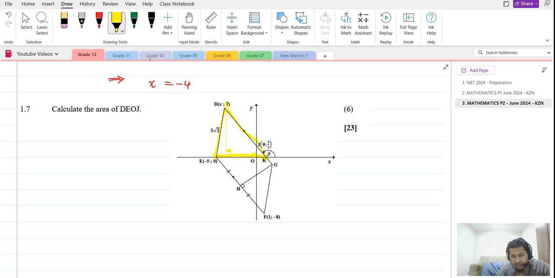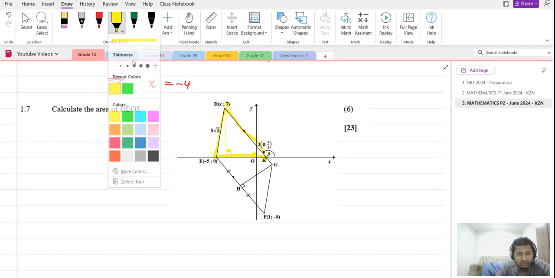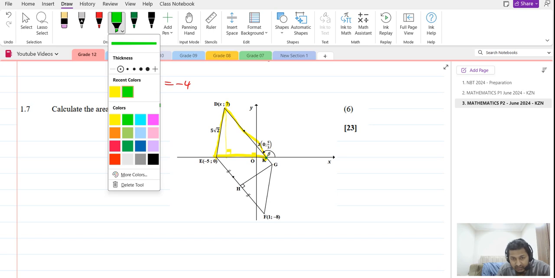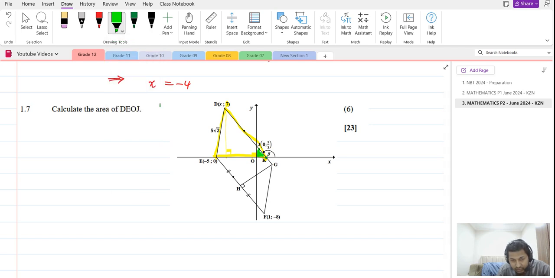Yes, we can, because that's the x-intercept of the line DJ. Why do we need the coordinates of K? Because once I have the coordinates of K, then I can find the area of the small triangle and subtract. So I'm going to take the area of the yellow triangle minus the area of the green triangle. I'm going to subtract this part here, so you will be left with this part. So let's find the coordinates of K.